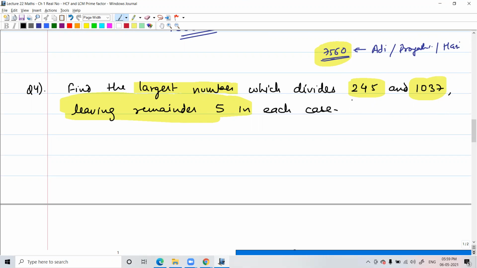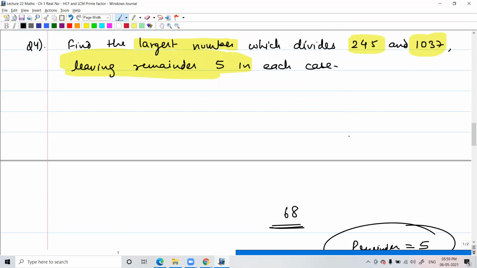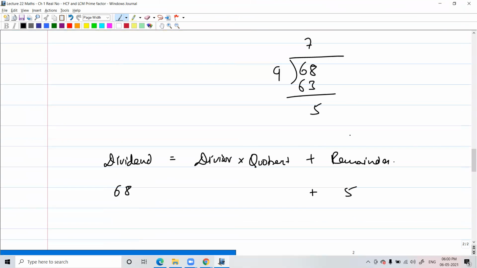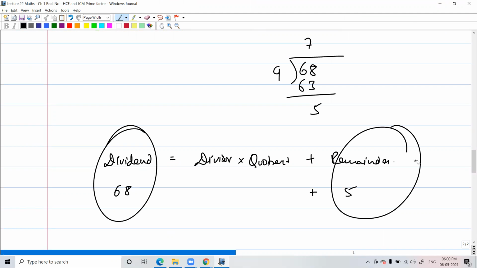Further question? Can I scroll down? Yes, sir. So understand that I gave you the number 68 and I told you to find some number which is not divisible, but will leave a remainder 5.